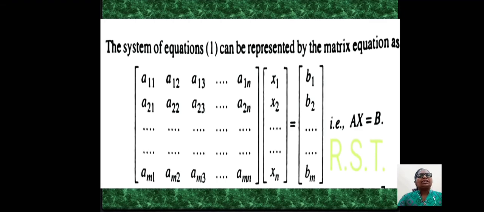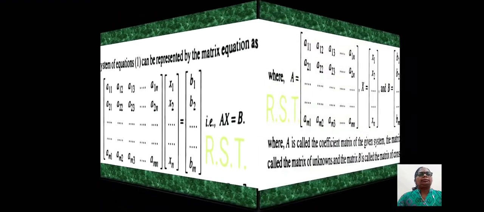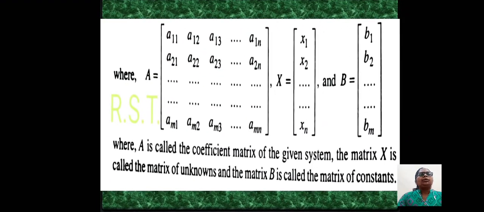This system of equations 1 can be represented by the matrix equation AX equal to B. That is, the coefficient matrix is A, the matrix of unknowns is X, and B is the matrix of constants, where A is the matrix of order m by n, X is the column matrix of unknowns x1, x2, xn, and B is the column matrix b1, b2 up to bm.